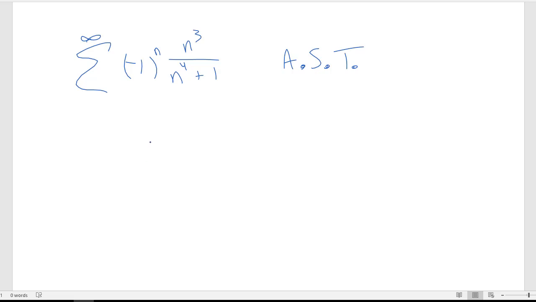But I want to note to you here, right, that when I'm using the ratio test, if I don't have exponentials or factorials, if I only have algebraic expressions like square root of n or n cubed, my ratio test is always going to be inconclusive, right? So I don't want to use a ratio test.